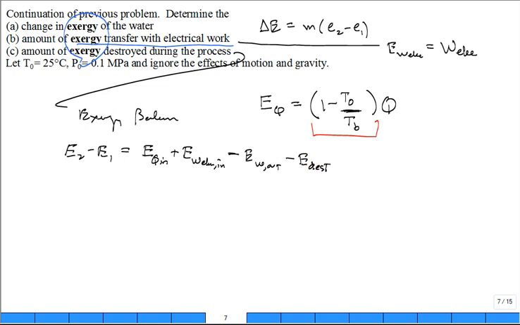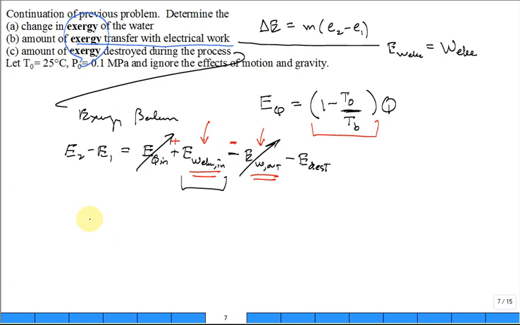You say, didn't you write this equation twice, kind of work, work? Yeah, but I emphasize I can talk about work in and I can talk about work out. Work in is going to add a positive contribution, work out will add a negative contribution. So in this case, I prefer to talk about the positive electric work in, no work out. The tank was insulated.